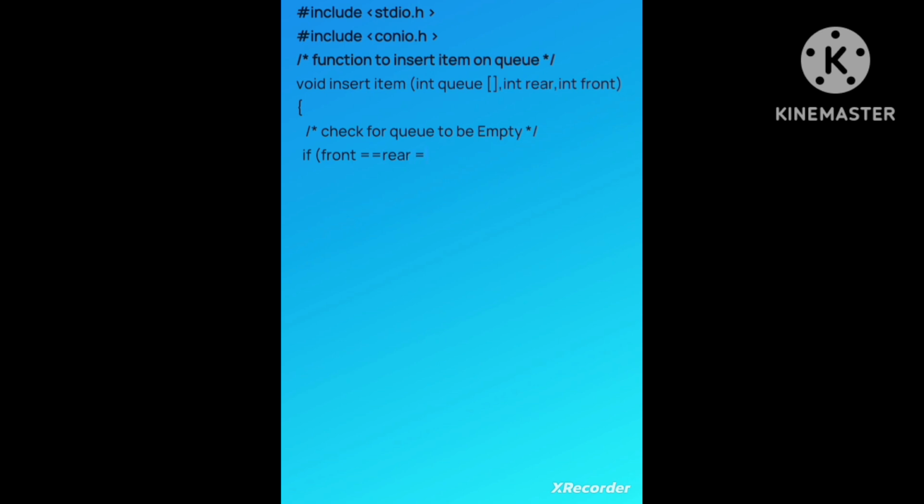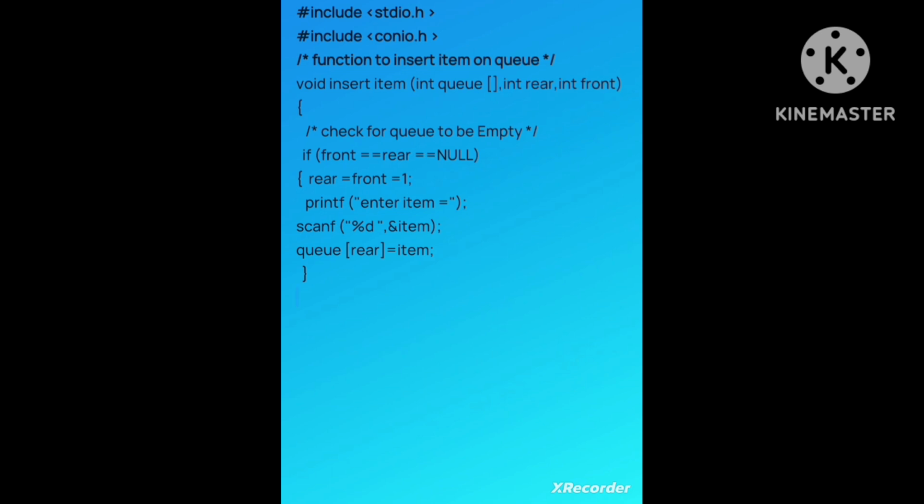For that, we will use the if condition by checking the value of front and rear to be null. If it is null, then the if block will be performed by incrementing the rear and front to the first value, and then we will print and scan the item to be entered onto the queue, and then we will insert the item at the rear end of the queue.